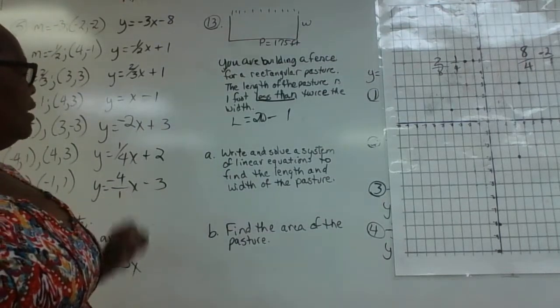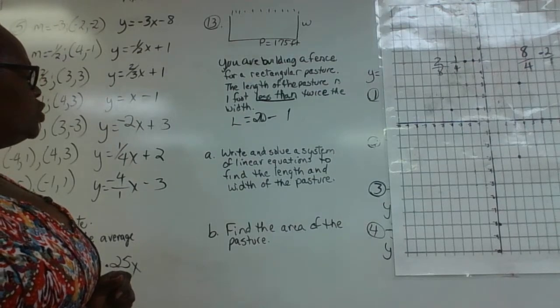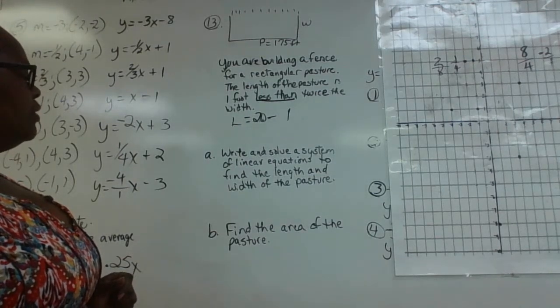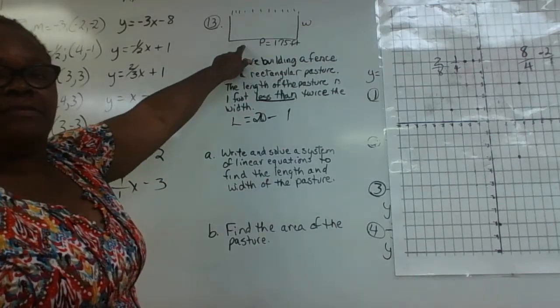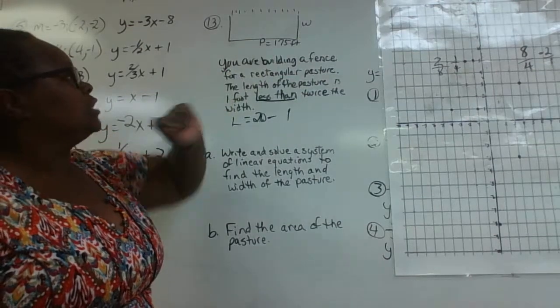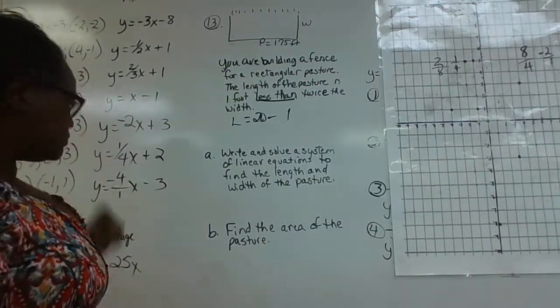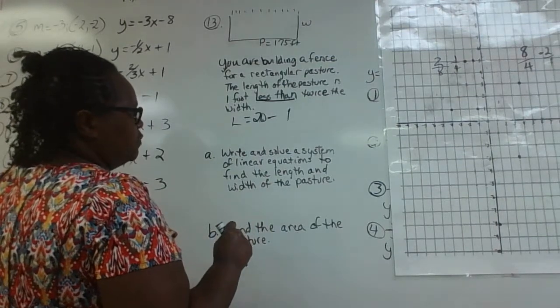Now, A, write and solve a system of linear equations to find the length and width of the pasture. Well, let's take a look at the information they gave us. They told us that we have a W and that the total perimeter is 175. So let's use that. We need at least two forms of information to work with.